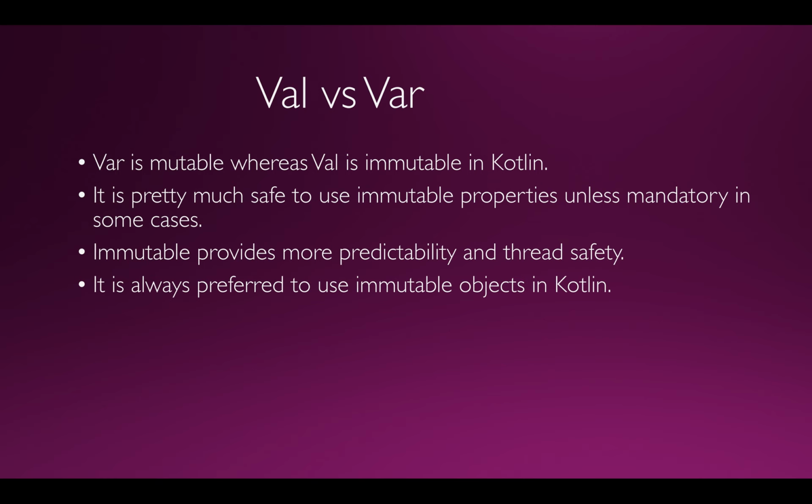But those who are from a programming background, who have done some programming earlier, must know about threads and concurrency. And it is always preferred to use immutable objects in Kotlin, as suggested by the standard Kotlin documents. So this is the theory about this. We'll do some practical based on the same.